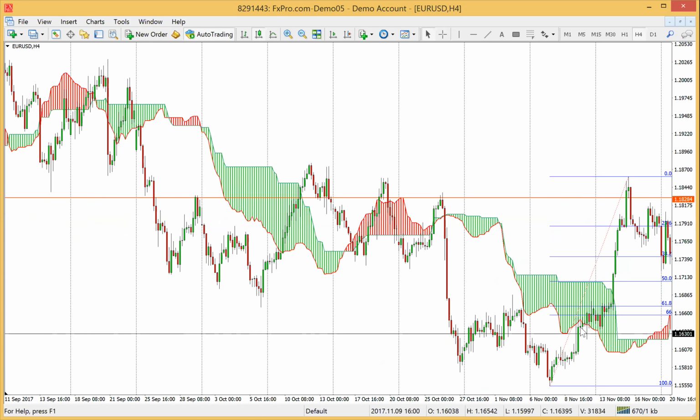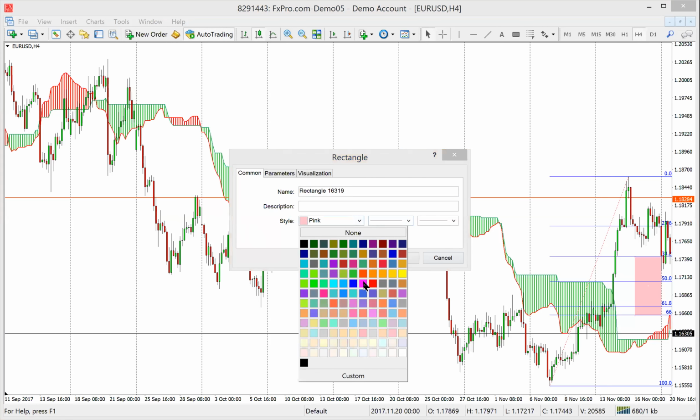So what you could do is draw your Fibonacci in, and based on when you draw your Fibonacci, you know that price is likely to find a level of support between your 38.2 level and your 66.0 level. So I'll just highlight that now. Make it green.